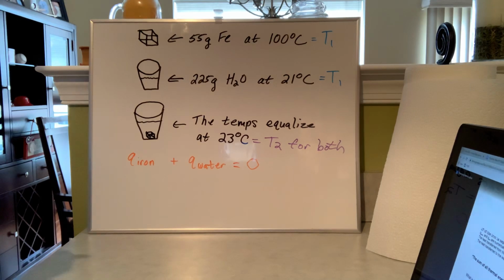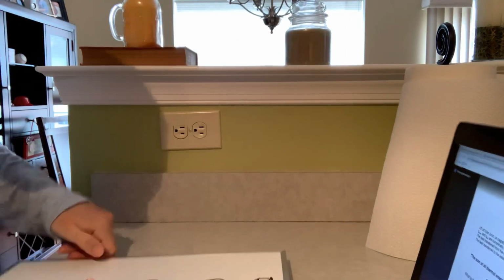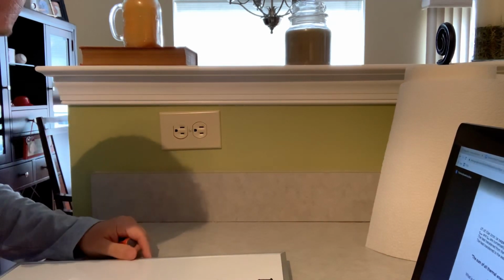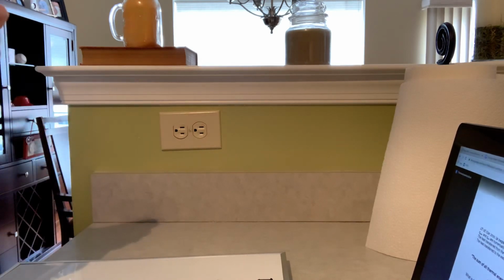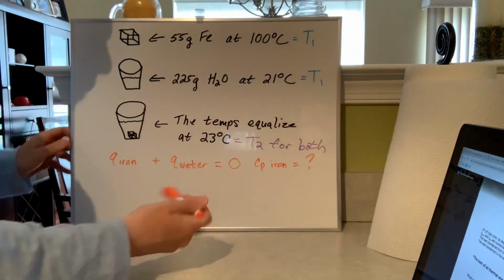All right, and the question says, what is the CP of the iron block? So CP of the iron is what we're trying to find. This is the whole question.